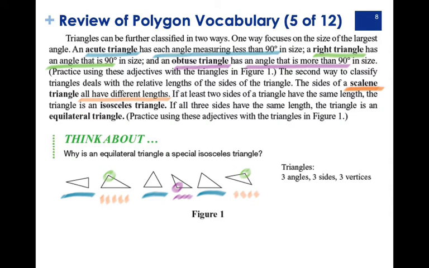Scalene triangle means that all three sides are different. So we could see that from these two triangles there. And typically if the angles are different, then the sides are going to be different as well. And then an isosceles means that at least two sides are the same. So having two sides there, and we could see that two of the angles will also be the same.